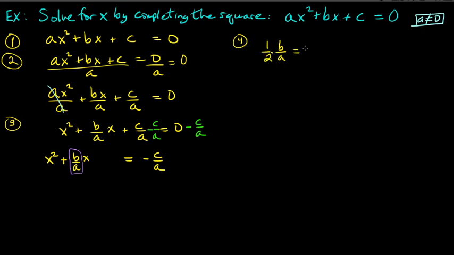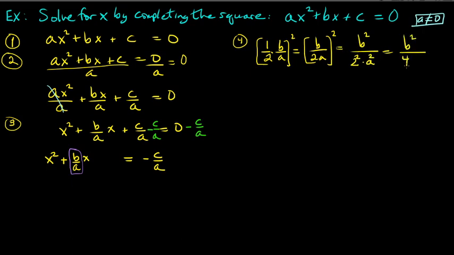So we get b over 2a. And then you have to square it, the whole thing. So we square the numerator, the 2, and the a. Square everything. So you get b squared on top, divided by 4a squared on the bottom.